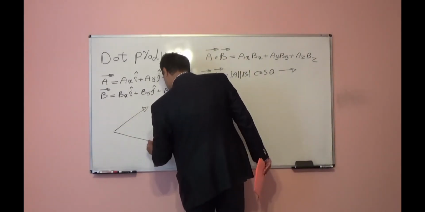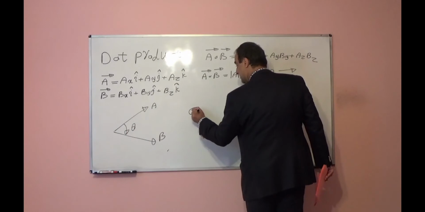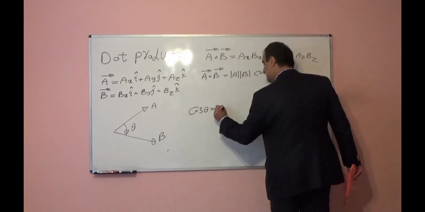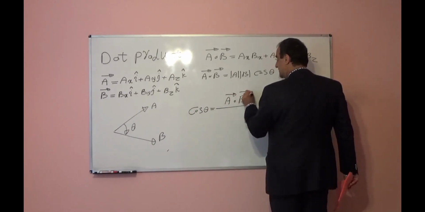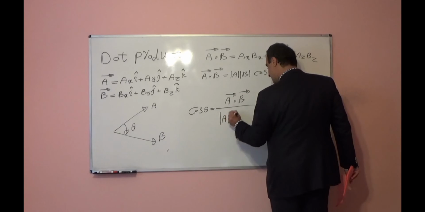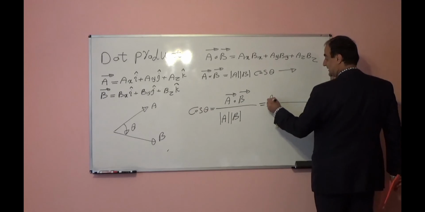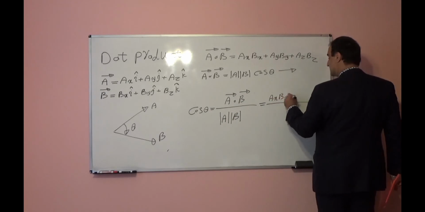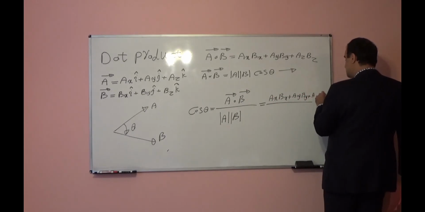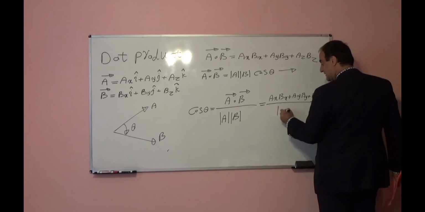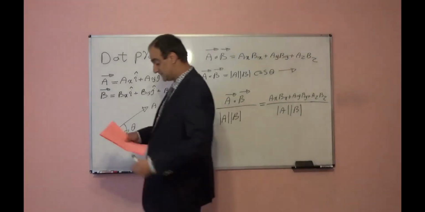If this angle is theta, cosine theta will be equal to vector A dot vector B divided by the magnitude of A times the magnitude of B. So I can write AX BX plus AY BY plus AZ BZ divided by the magnitude of vector A times the magnitude of vector B.